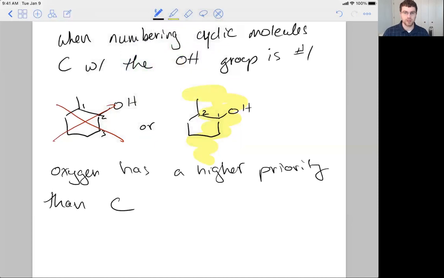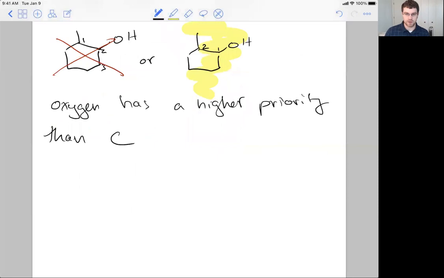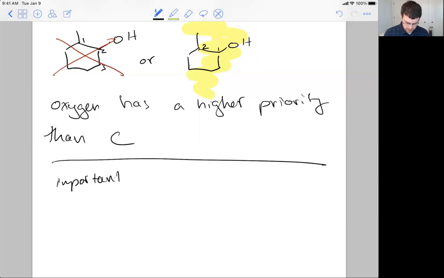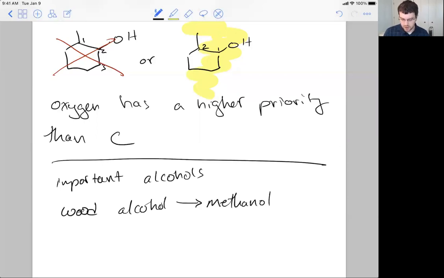Okay, if we move on from the naming quickly, some important alcohols to recognize are wood alcohol. Wood alcohol is methanol, which is CH3OH.